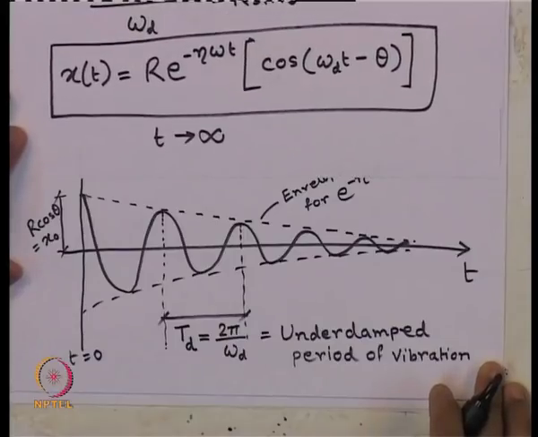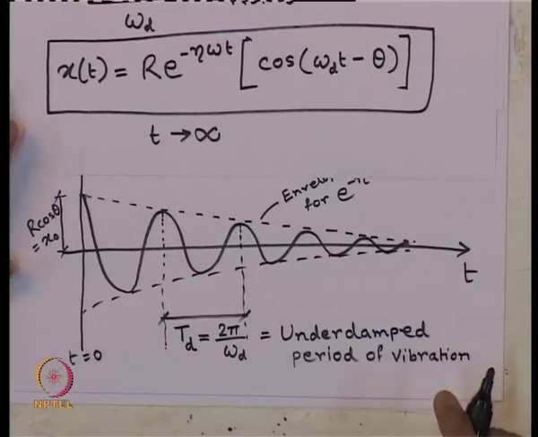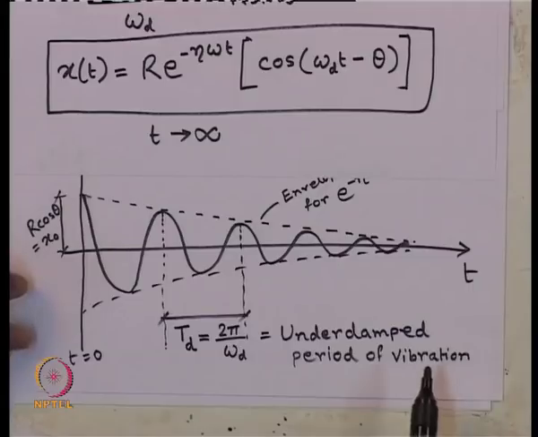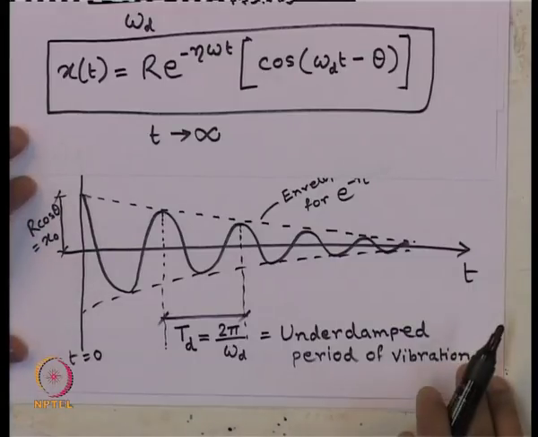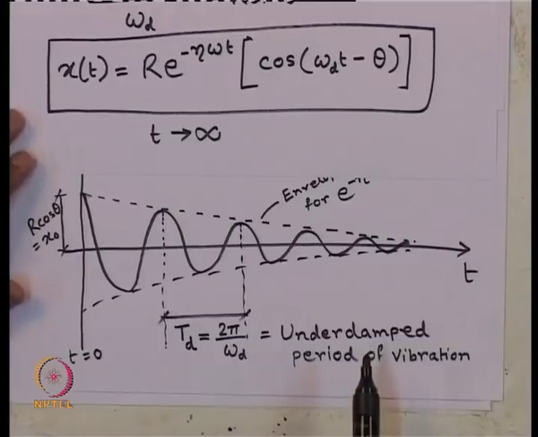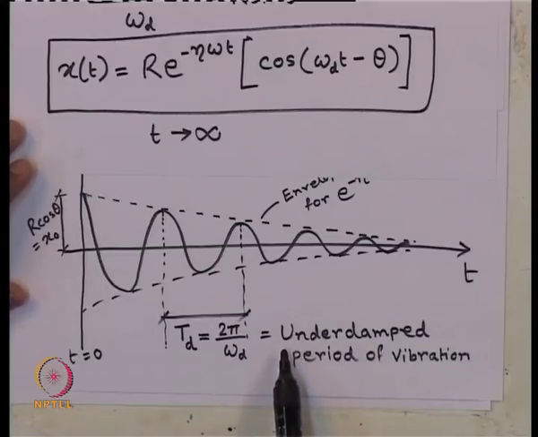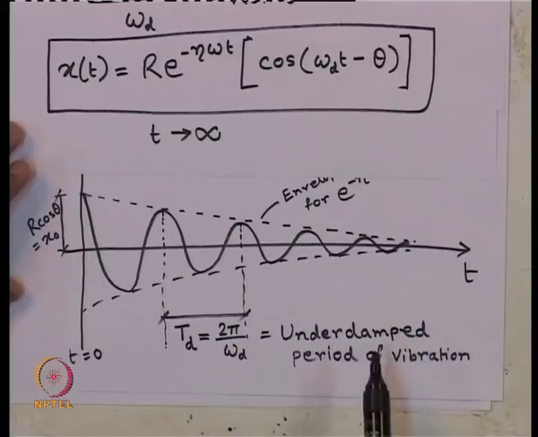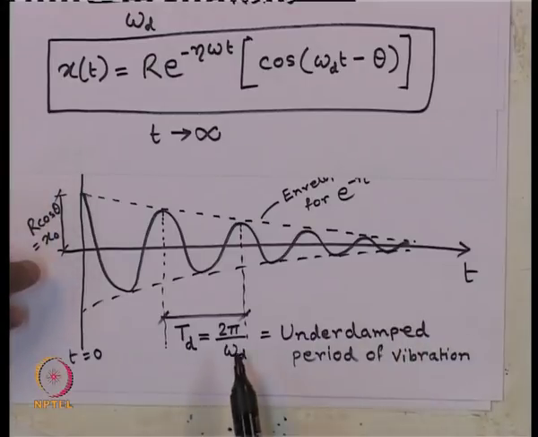One more thing I want to inform you: in several books, for several problems, in many cases it is mentioned as damped period of vibration. It is a common terminology. Most of the time we do not use the complete word underdamped, but damped period of vibration for the case of free vibration, meaning the underdamped case only.